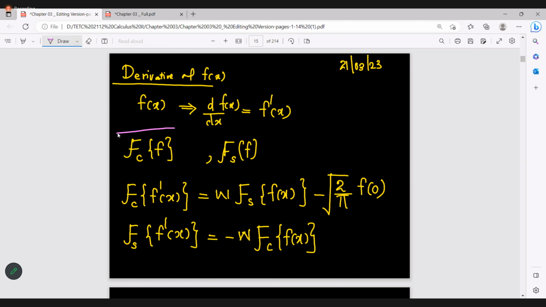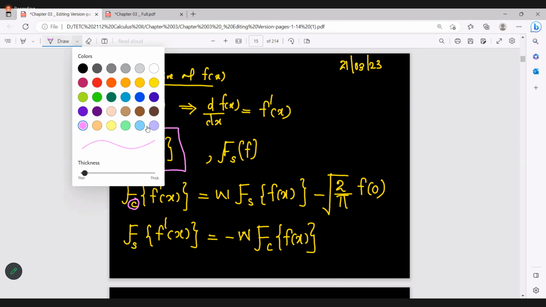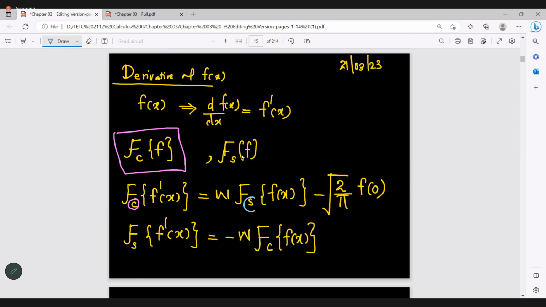Here we are going to find the Fourier cosine transform, but the expression includes the Fourier sine transform of the original function.